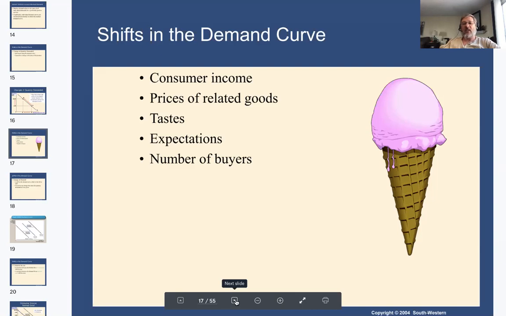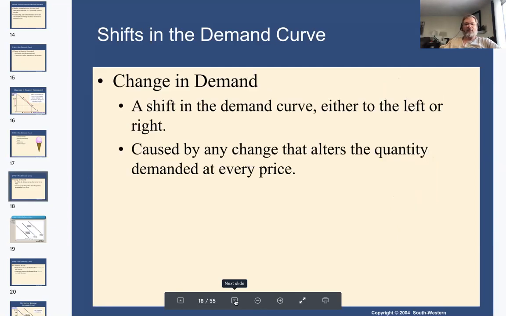And the Metropolitan Water District uses population forecasts to figure out how many people are going to be in the Los Angeles area 30 years from now, so they can build the infrastructure to serve that many consumers. So again, the idea is that I know there are going to be more people purchasing water in the future because the population is growing, and so the demand is going to be greater because we have more buyers in the market. Simple idea.